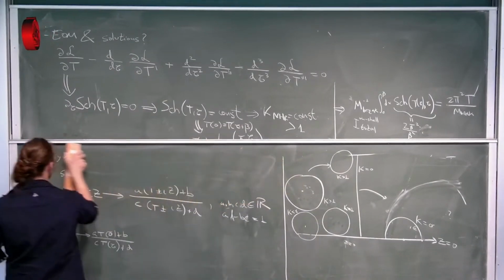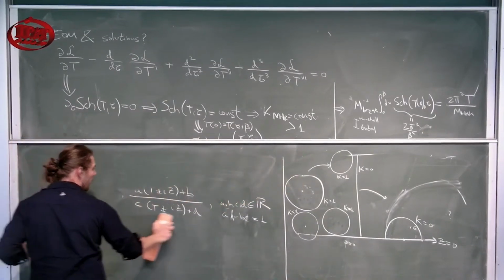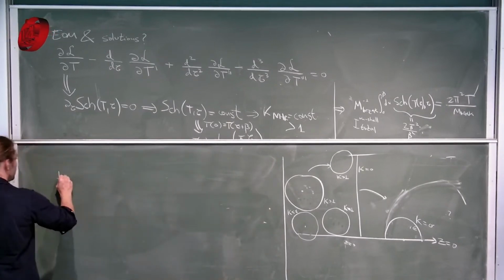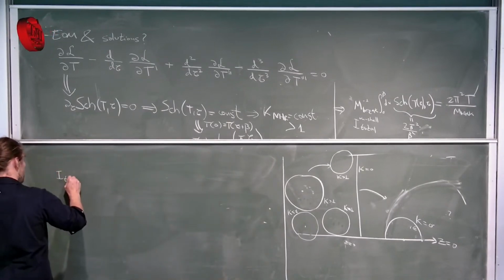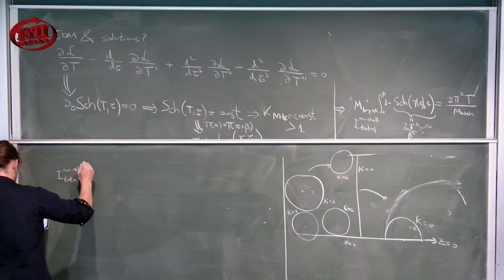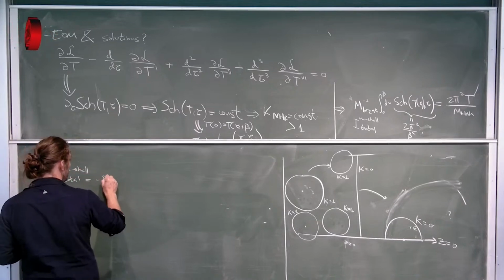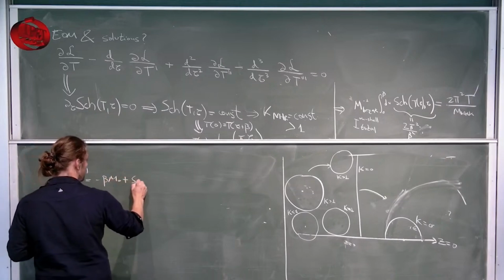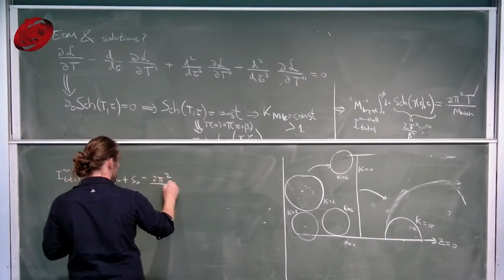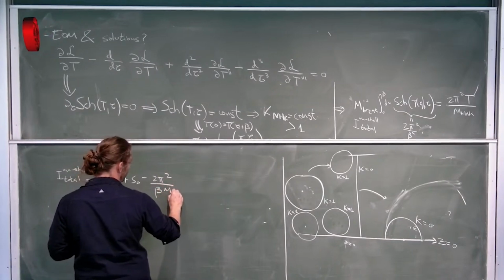Okay, so with this, notice that the on-shell action, the overall action that we get by summing up the overall action for these black holes, is just minus beta m naught minus 2 pi squared divided by beta m break.